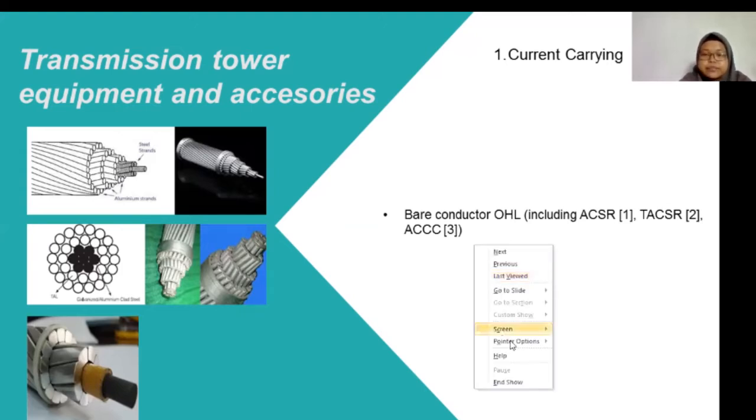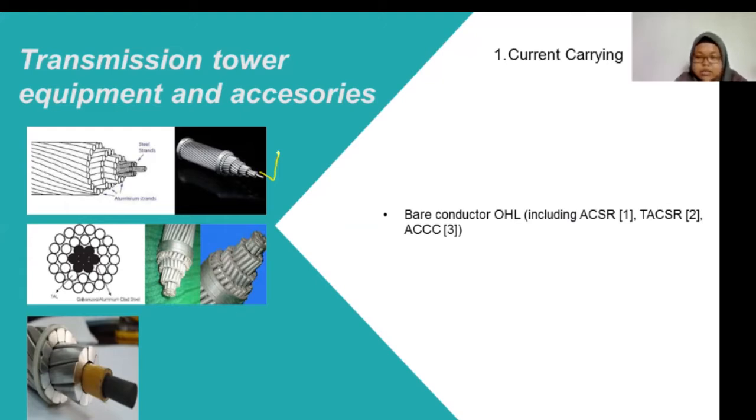This is ACSR conductor, or aluminum conductor steel reinforced. This conductor is commonly used because it has high mechanical strength and also high conductivity.